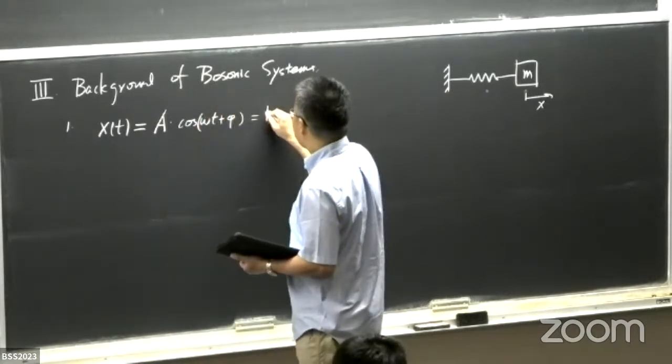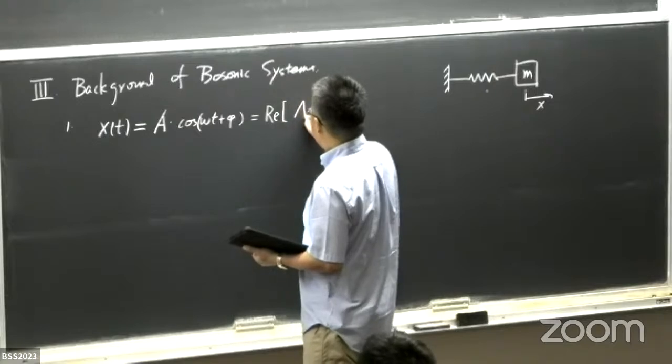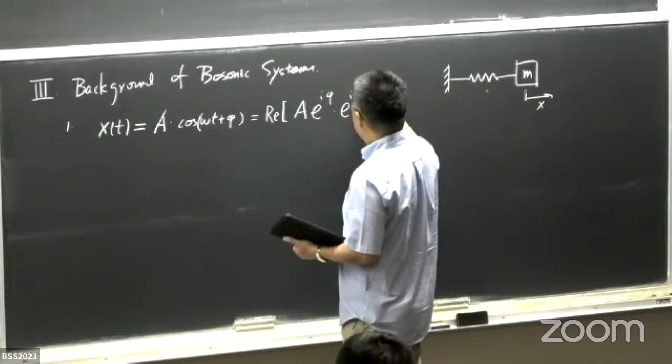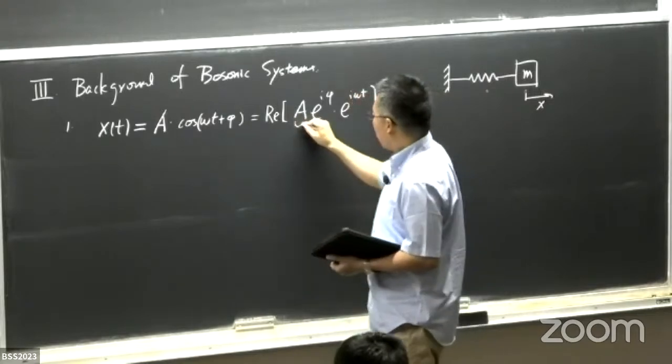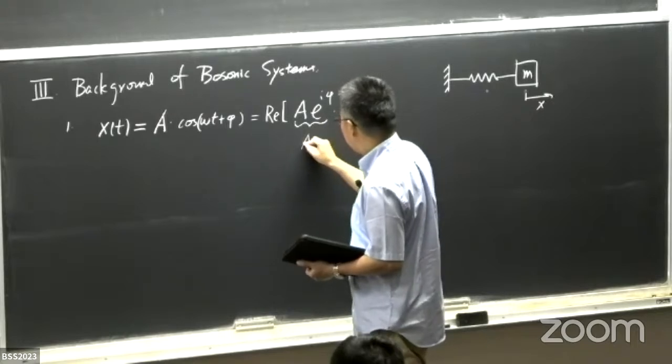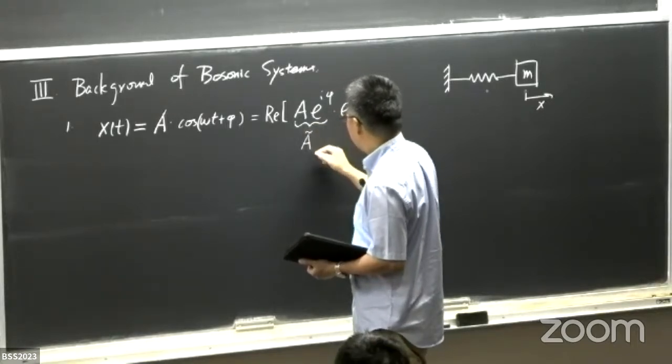Sometimes we write this as the real part of A e to the i phi, times e to the i omega t. And we call the first part the complex amplitude, A tilde.